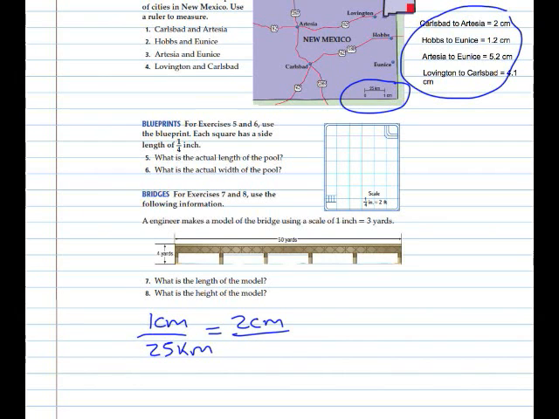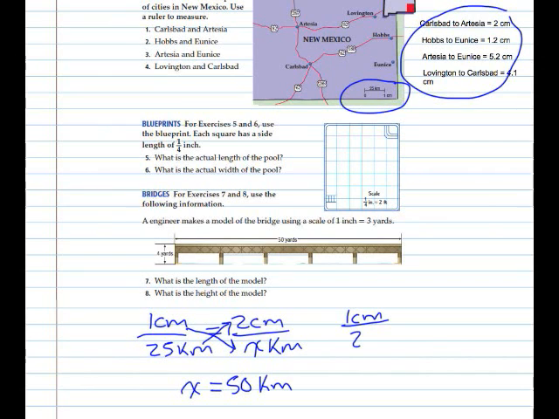If the distance from Carlsbad to Artesia is 2 centimeters, we do 2 centimeters here. We'll just use x for our variable down here. That's kilometers, of course. So 1 times x is x. 2 times 25 is 50. So from Carlsbad to Artesia, it's 50 kilometers.